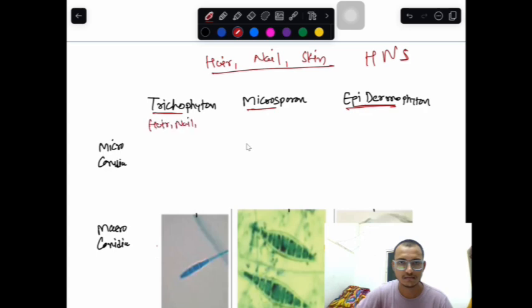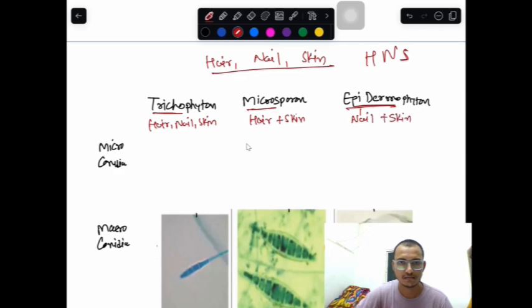nail, and skin. But what about Microsporum? Micro involves hair plus skin, no nail involvement. What about Epidermophyton? The epidermo, the dermal area, involves nail plus skin.